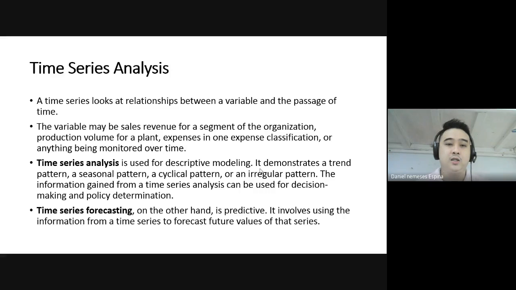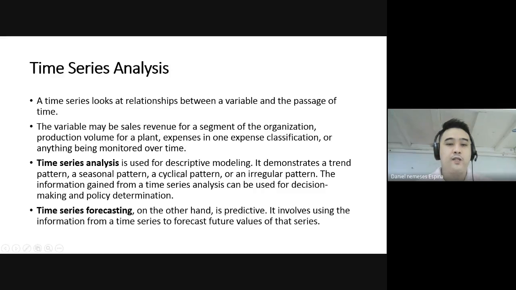Or if our analysis is in years, we can establish that over time there is a constant number of enrollees. The increase is probably 5 to 10% every year. There are also times that it will decrease by 5 to 10%.